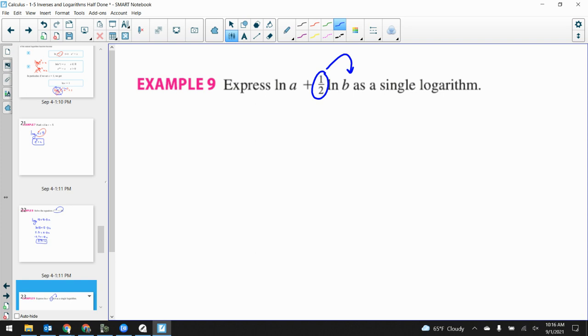So next step would be to say, okay, ln of a plus ln of b to the 1/2 power. All right. So now I can say addition means to what? It means to multiply. So this means I can take ln of a times b to the 1/2 power.